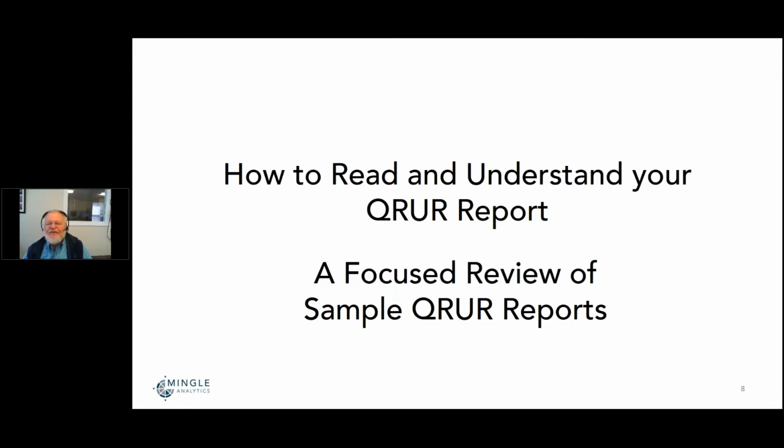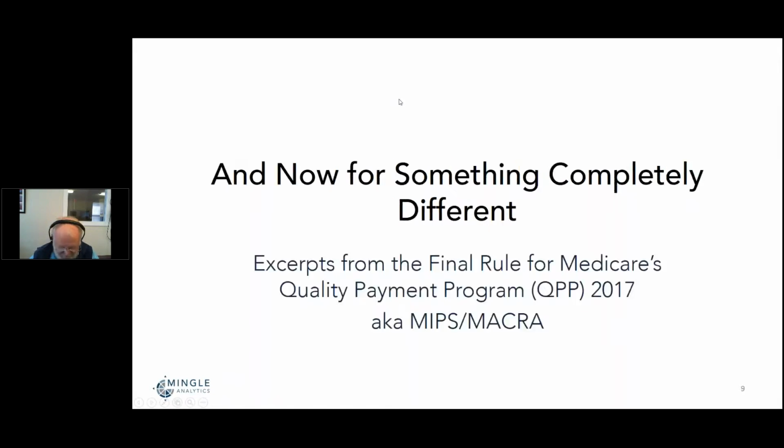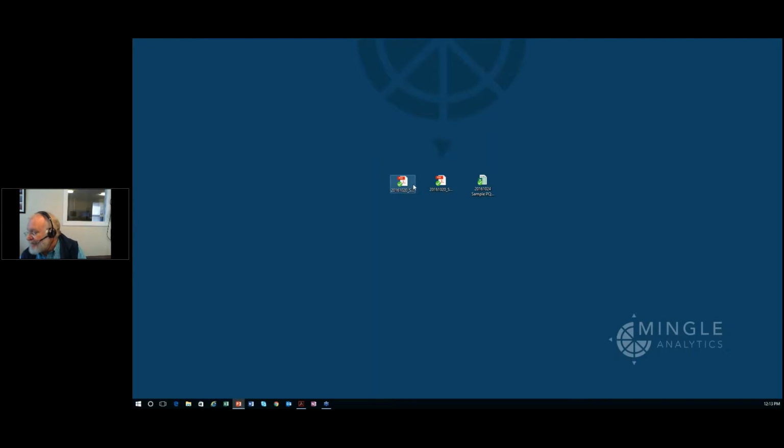So let's move into some actual reports, some de-identified reports to start to understanding how to look at these. So let me just, I'm clicking out of the PowerPoint deck. And so when you download these, you have a number of choices. I tend to like the PDF format.